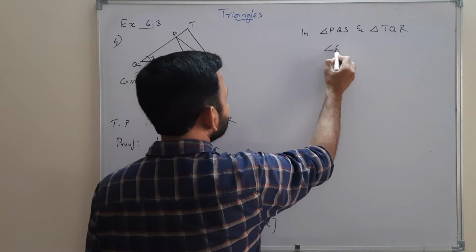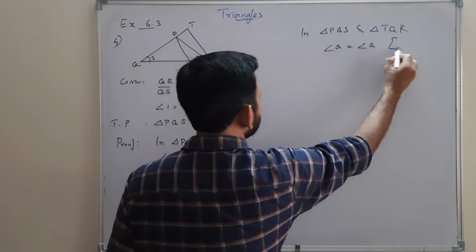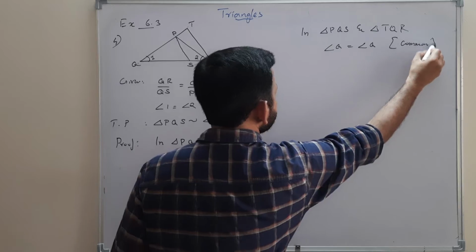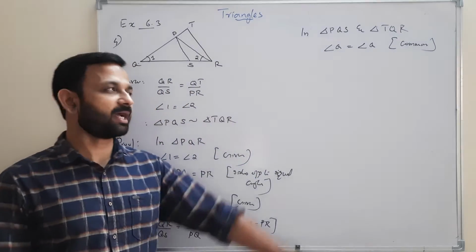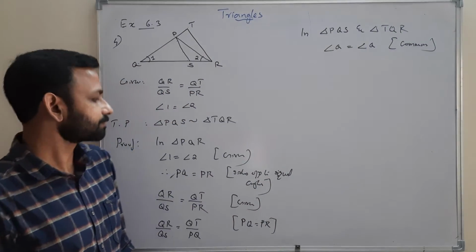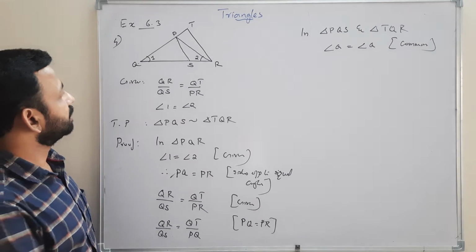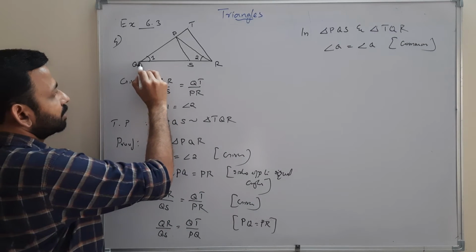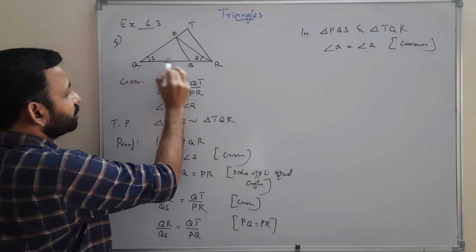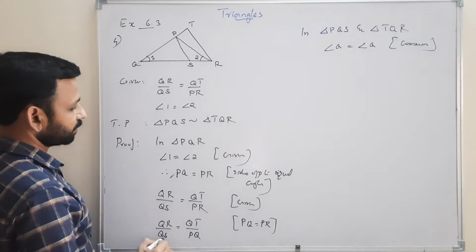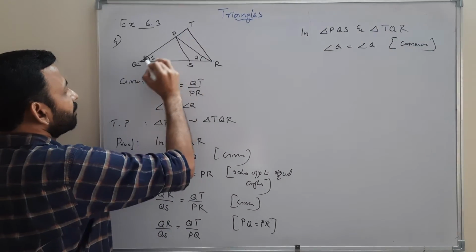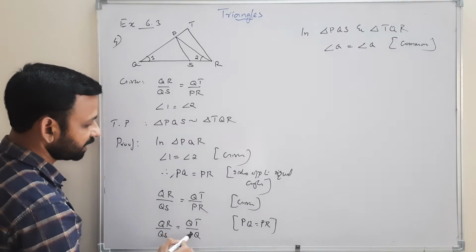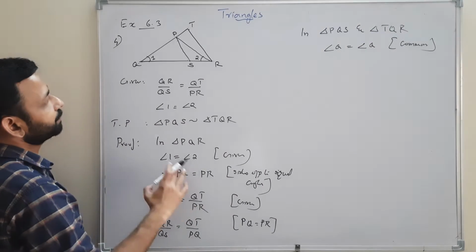So we can write angle Q equal to angle Q. Reason, common. Then QR upon QS is equal to QT upon QP, or PQ.